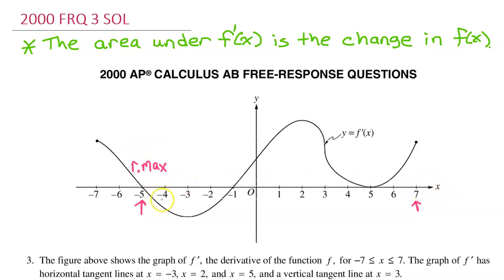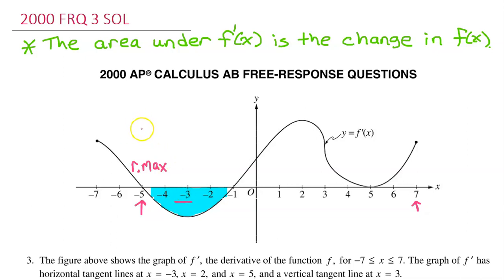Let's again analyze the area under the curve of f prime. When I say the area under the curve, I really mean the area between the curve and the x-axis. So this blue area under the curve represents the change in f between -5 and -1. Because this is below the x-axis, this is a negative change in the value of function f.